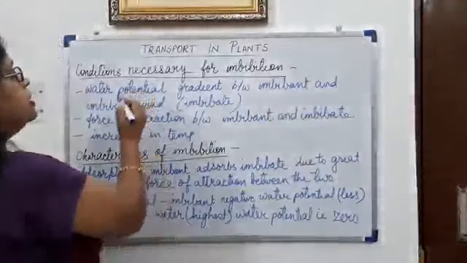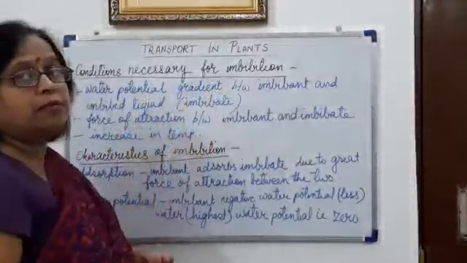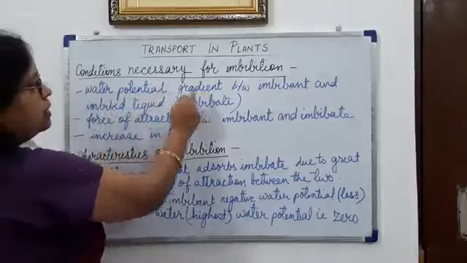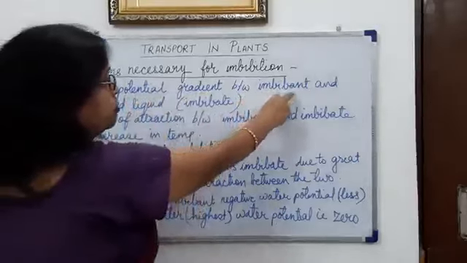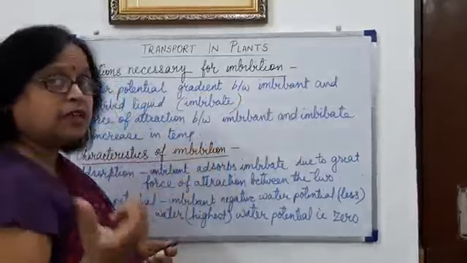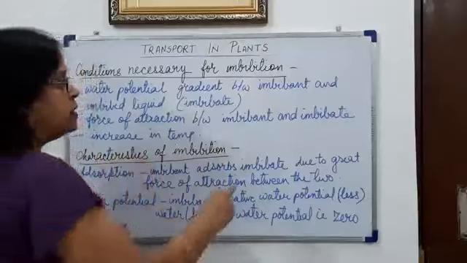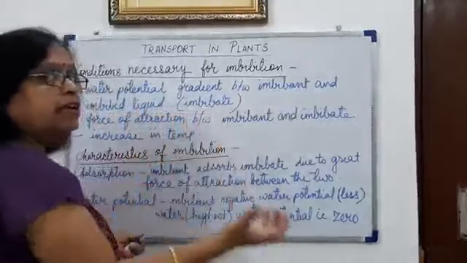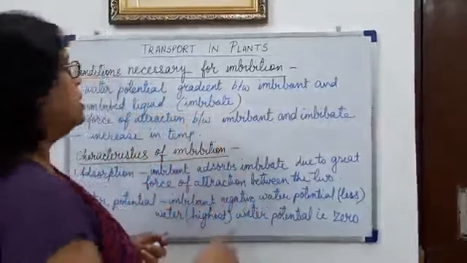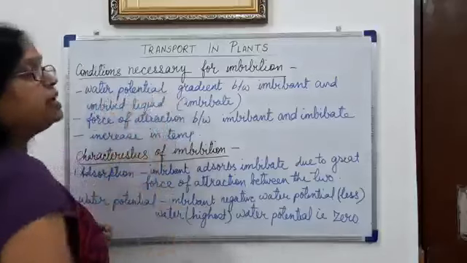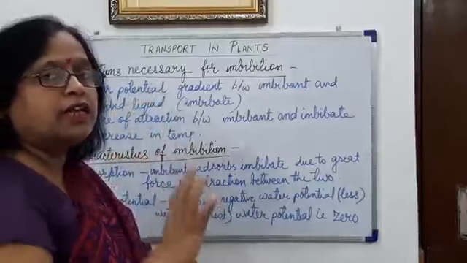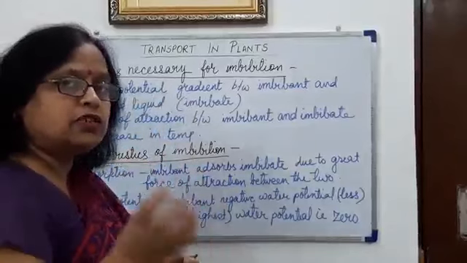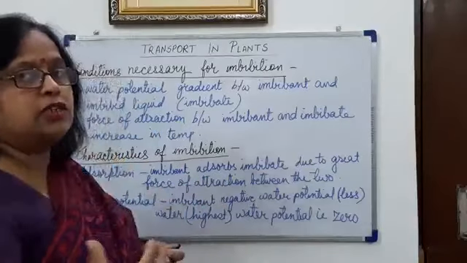Now, conditions necessary for imbibition. The first condition is a water potential gradient between the imbibant, the substance which is absorbing, and the imbibate, the liquid which is being absorbed. Means there should be a difference in the potential of water: one should have more water, one should have less.